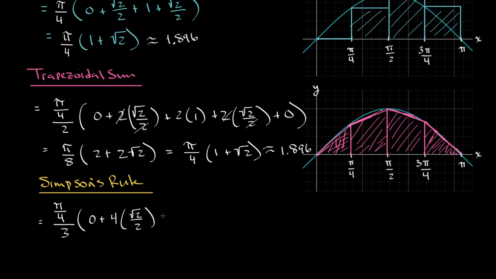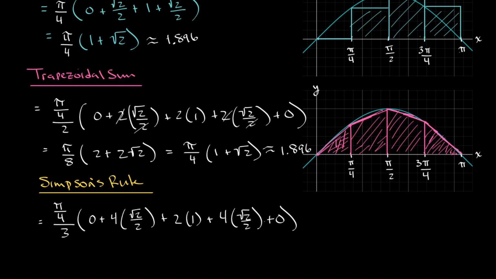And then we have plus 2 times sine of pi over 2, which is 1, and then plus 4 times sine of 3 pi over 4, which again is square root of 2 over 2. And then finally, we add on sine of pi, which is just 0. So that is Simpson's rule drawn out.